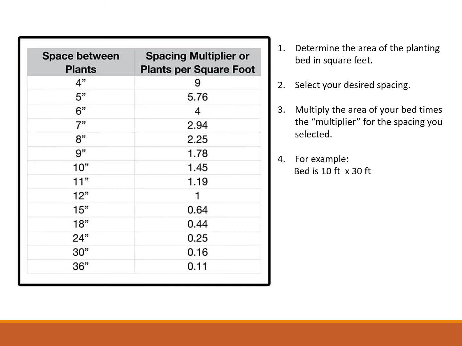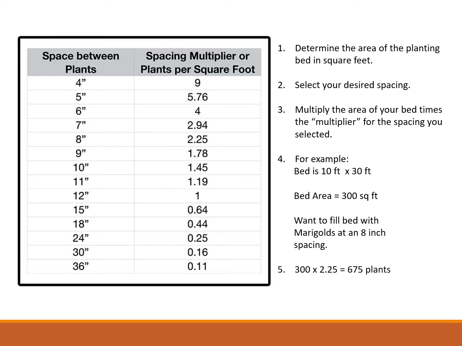For example, let's say that you have a rectangular shaped bed measuring 10 feet by 30 feet. So the area of that bed is going to be 10 feet times 30 feet, which is going to be 300 square feet of bed area. You want to plant marigolds in the bed at an 8-inch spacing.